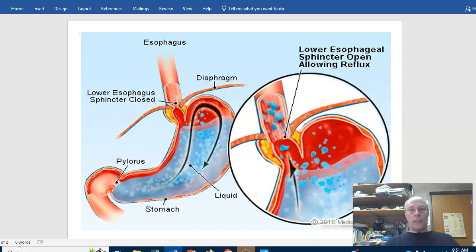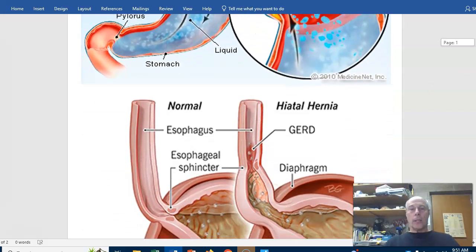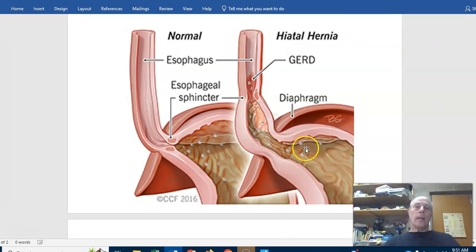There's another condition associated with this portion of the body, and it's called a hiatal hernia. Now, in this case, that union, if you will, or the area where your esophagus comes through the diaphragm, actually expands abnormally, to the point where you can actually squeeze a portion of the stomach up into the thoracic cavity, and that's what you see here.